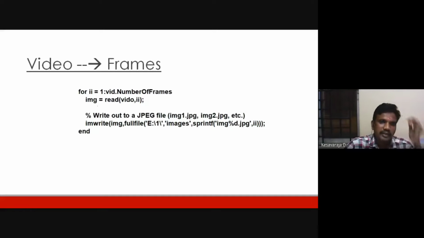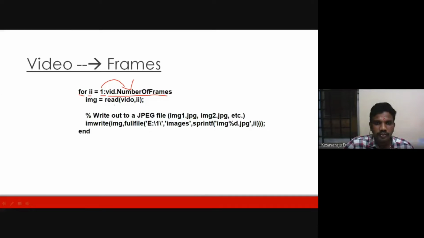For example, a small for loop: for i equals 1 to the number of video frames, starting from the first frame and ending with 241. It reads the video from the starting frame 1 to the last frame, 241.